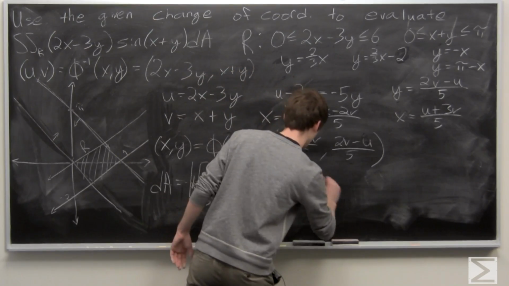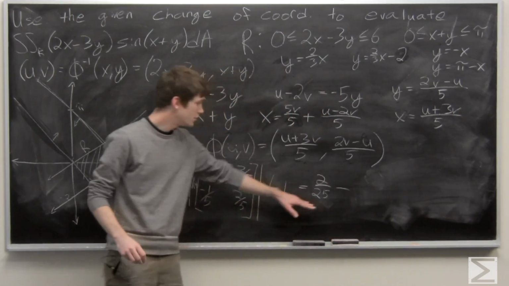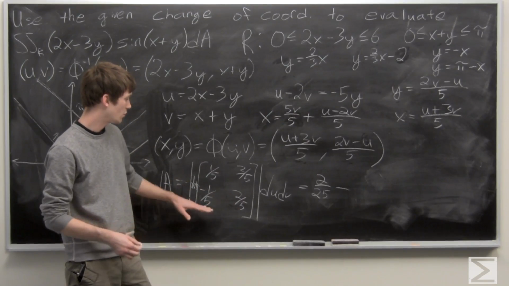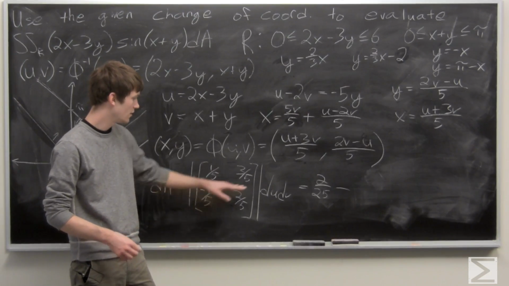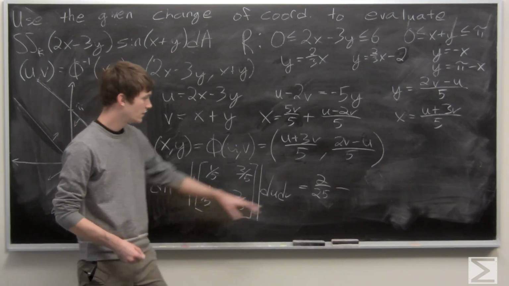So one-fifth times 2/5 is 2 over 25 minus a negative 1/5 times 3/5 is a negative 3 over 25.